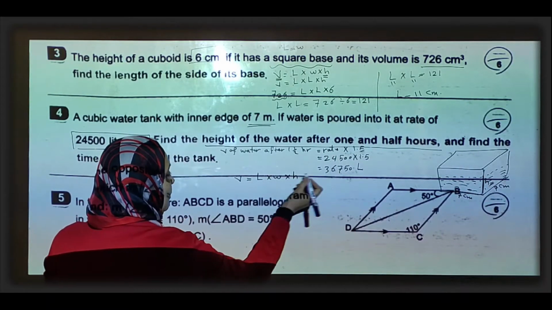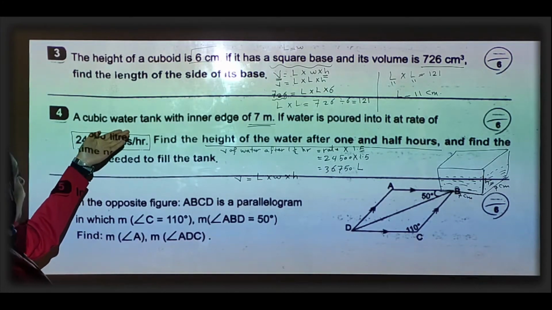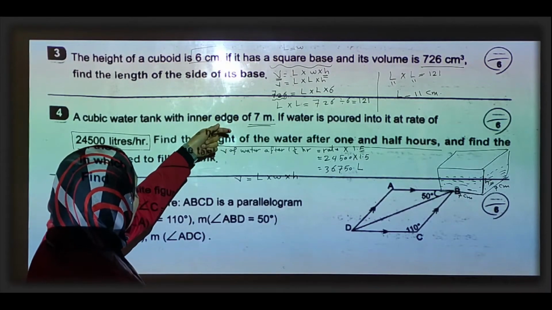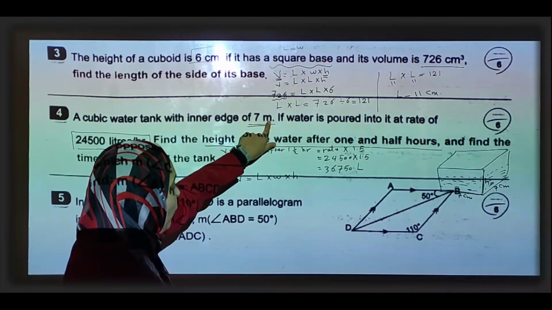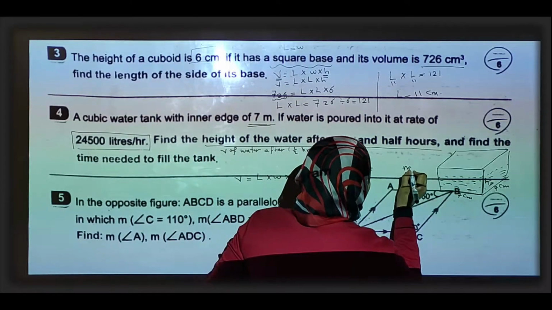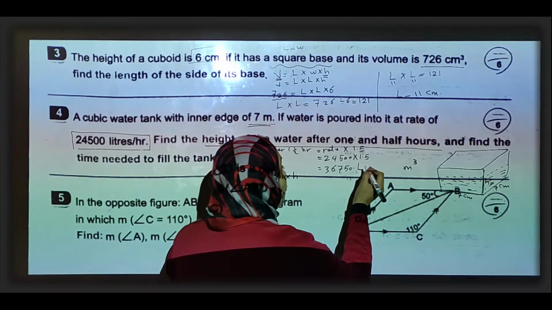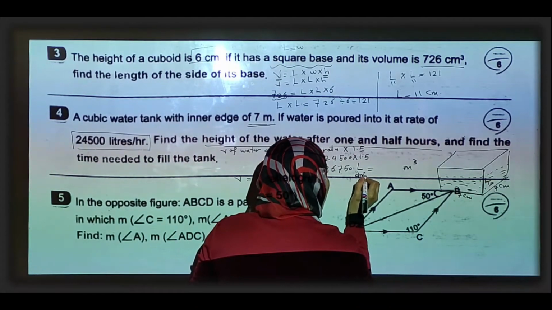The volume is in liters, but the unit of the length is meter. So we must convert liter into meter cube. Liter is the decimeter cube.